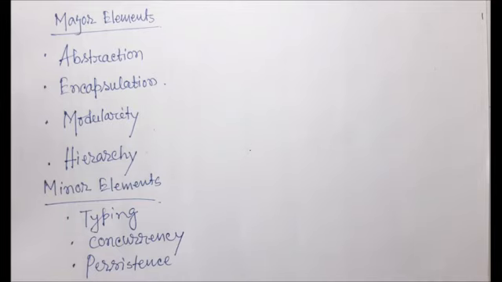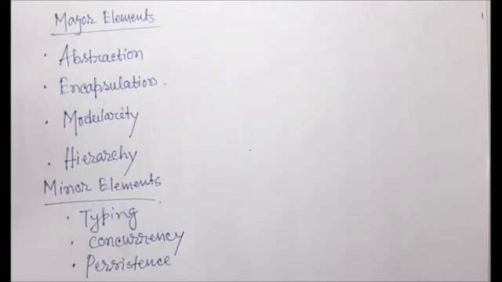Now come to the next point, what does modularity mean? Modularity is the process of decomposing a problem or program into a set of modules so as to reduce the overall complexity of the problem. We already know that most of the time we have followed many algorithms where we try to decompose a big problem into smaller problems.